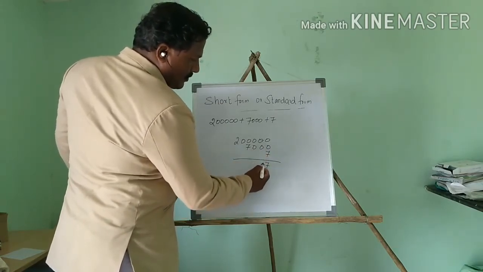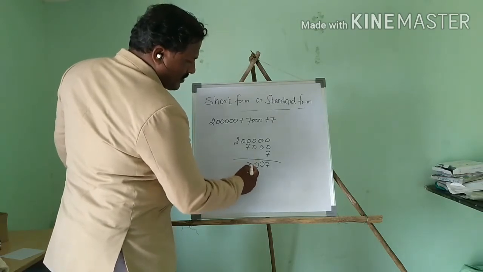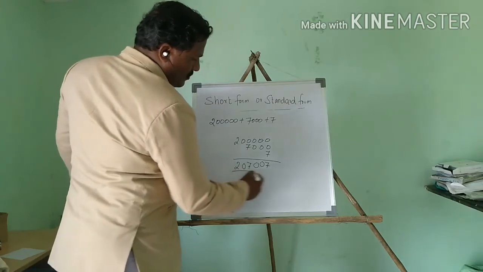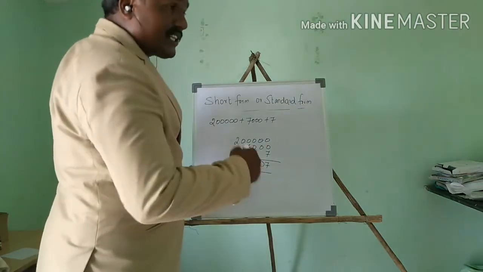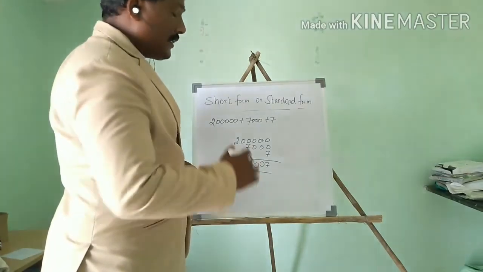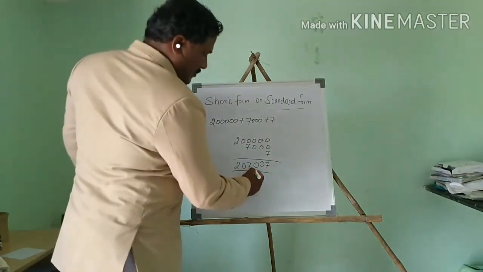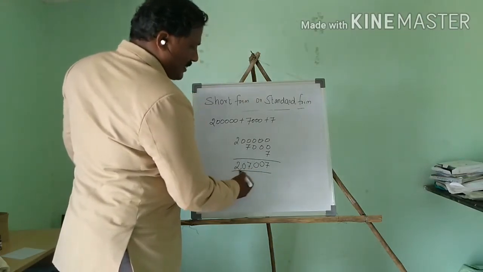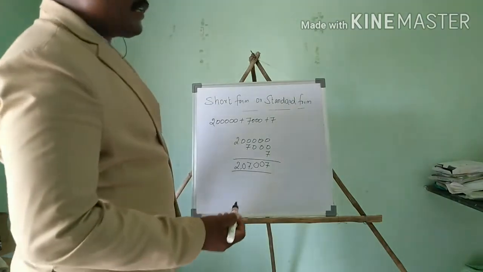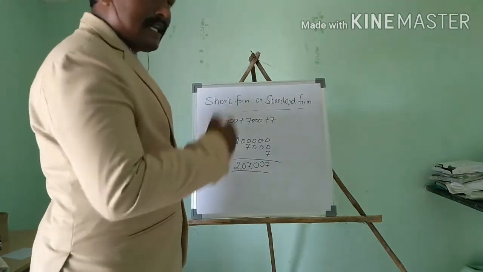So 0, 0, 0, 7, 0, 2. So you check this answer. Before, I told you one method, and the answers of both are the same. 2,07,007. So it's an easy method, na? If you feel easy, you follow this method, or else that method.